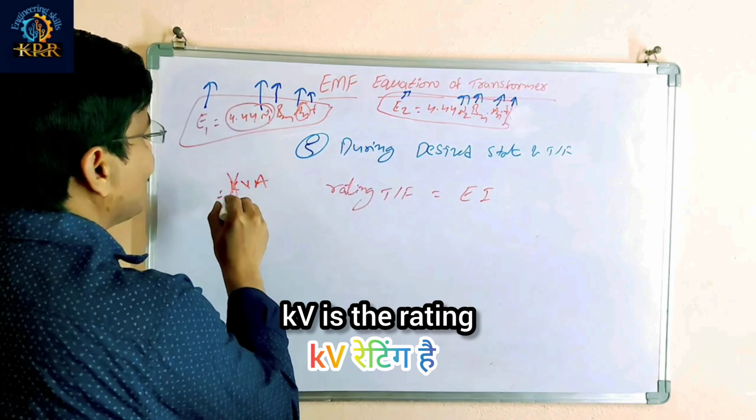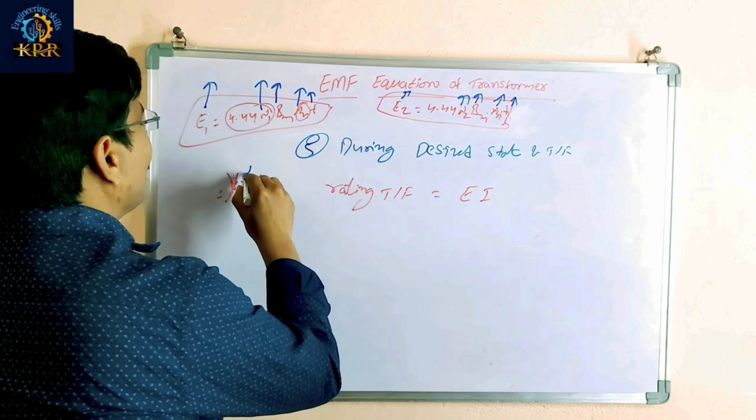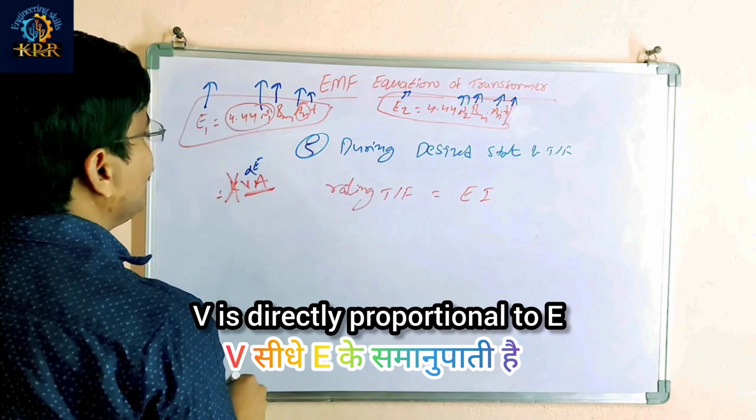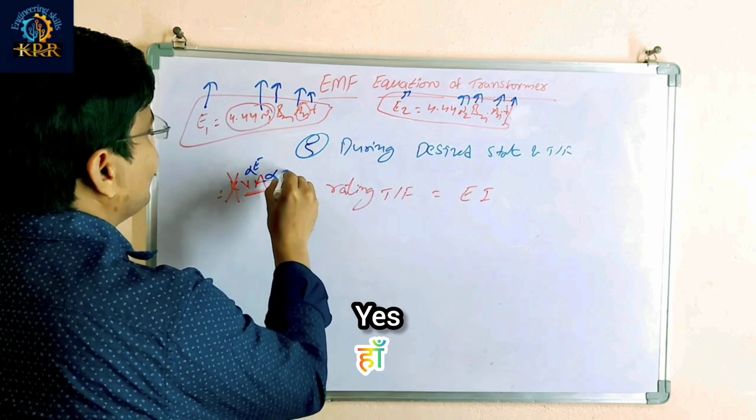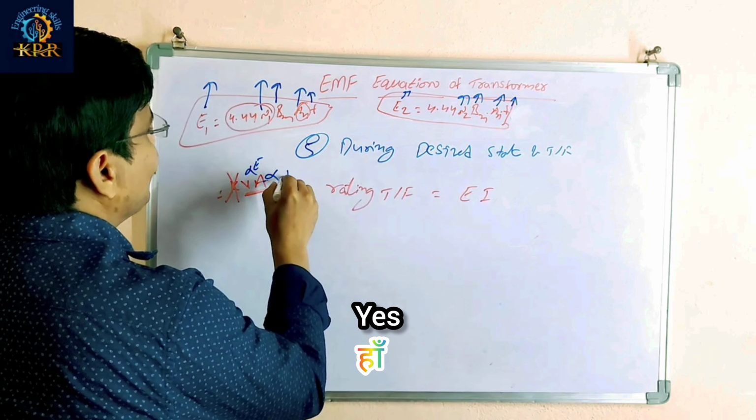If it is a high rating, k will come. The actual rating is VA. V is directly proportional to E, and amps A. That is E and I.